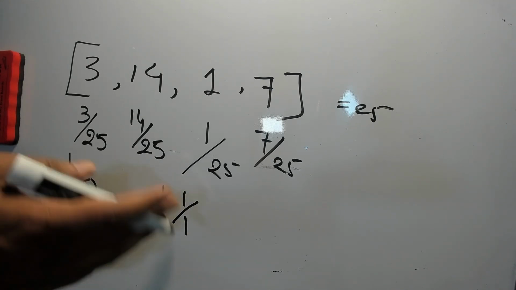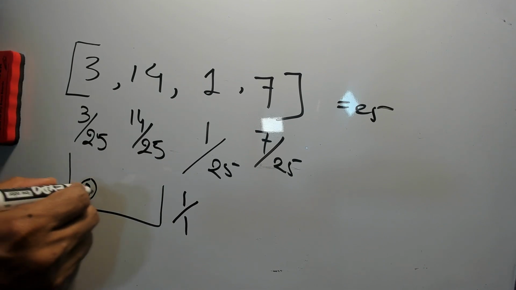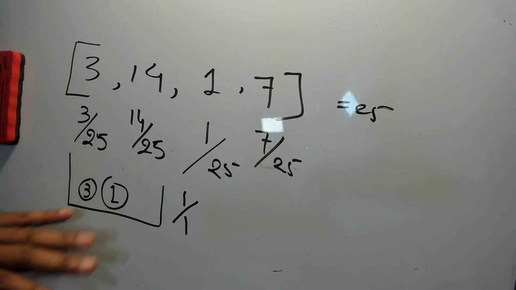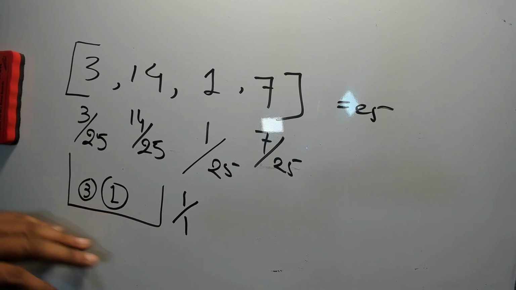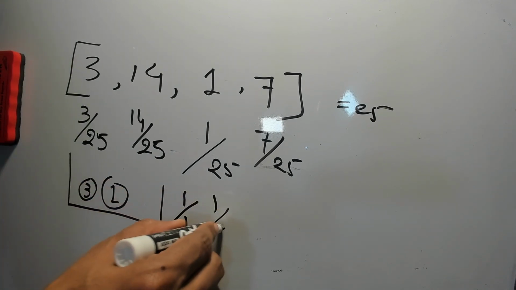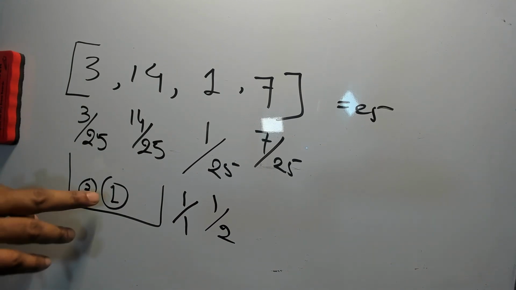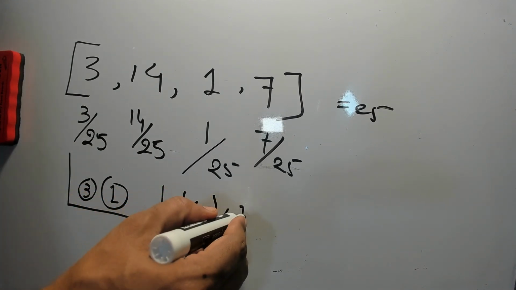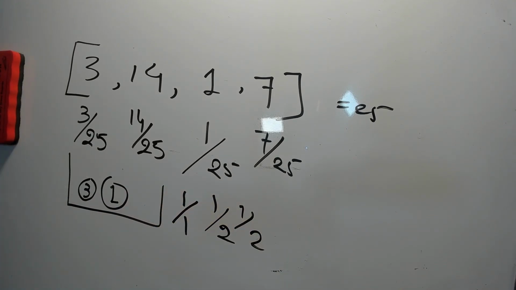Now if we add another coin, maybe 1, the total becomes 2. So what would be the probability now of getting 3? That will be 1 divided by 2. Similarly, the probability of getting 1 will become 1 by 2 as well.